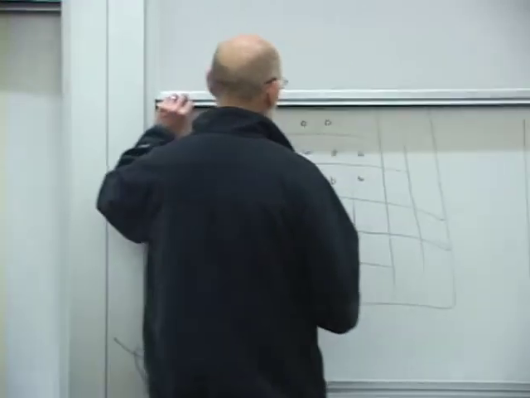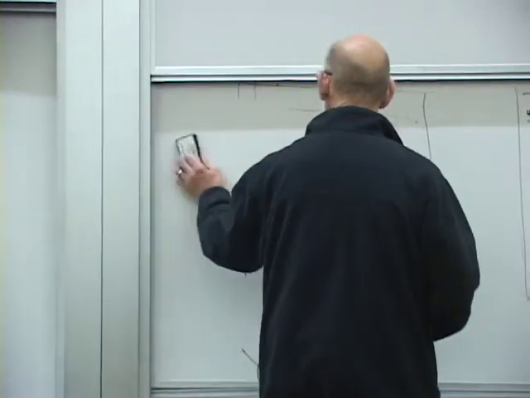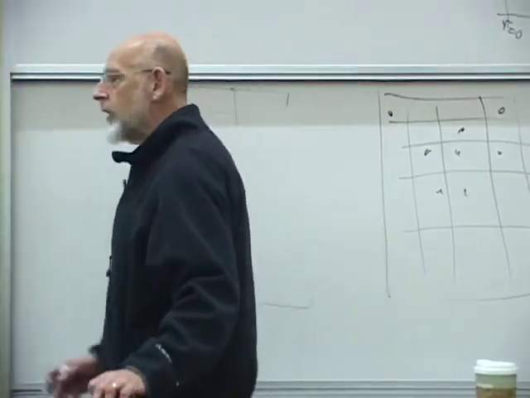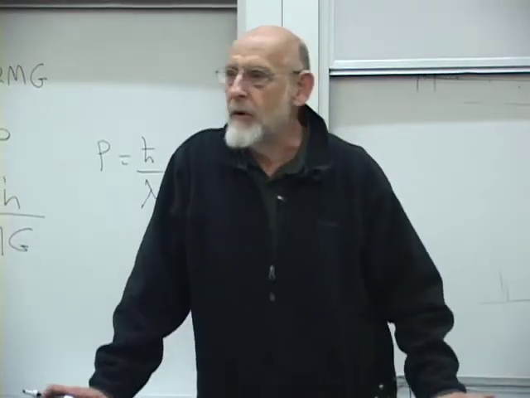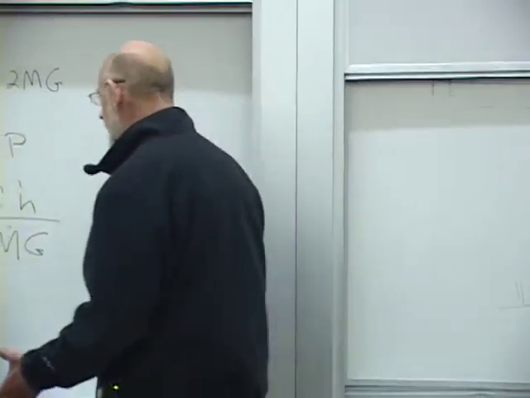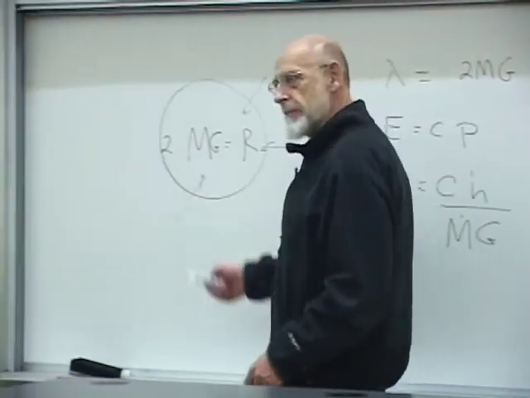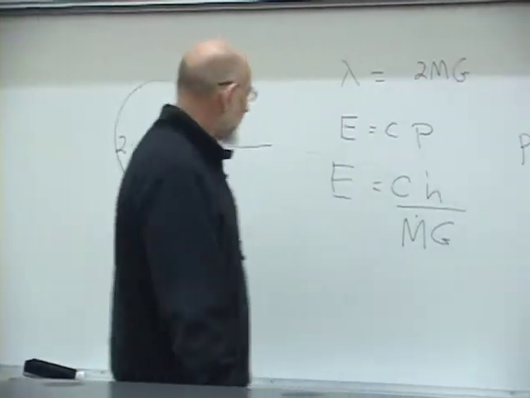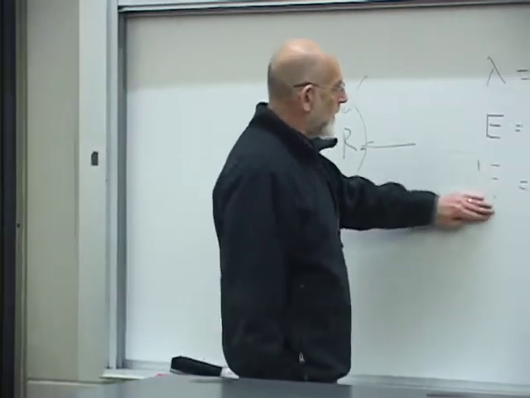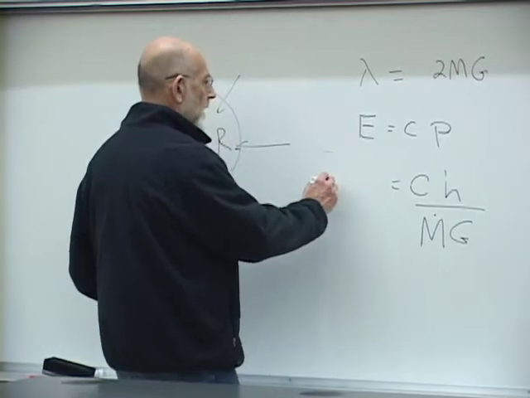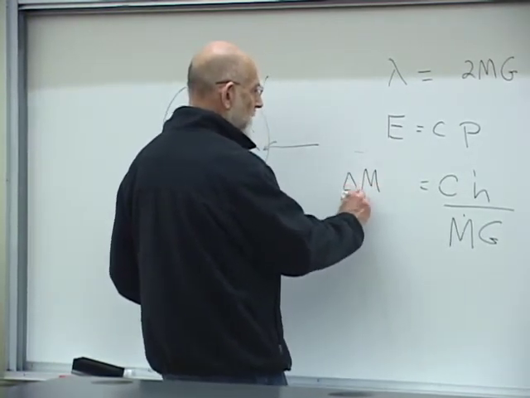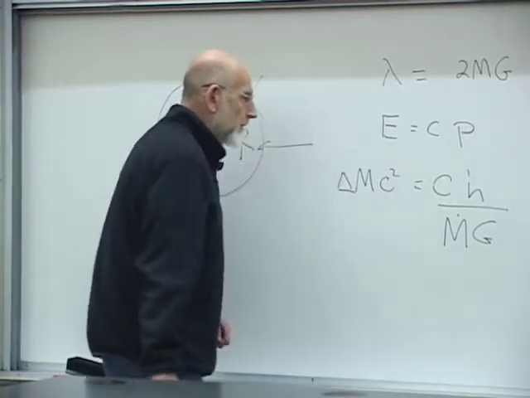But let's go a little bit further. This is 1 bit of information that we put in. Let's see how much bigger it makes the black hole. It makes the black hole bigger because when you add energy, you add mass. E equals mc squared. So this can also be written as the change in the mass times c squared.